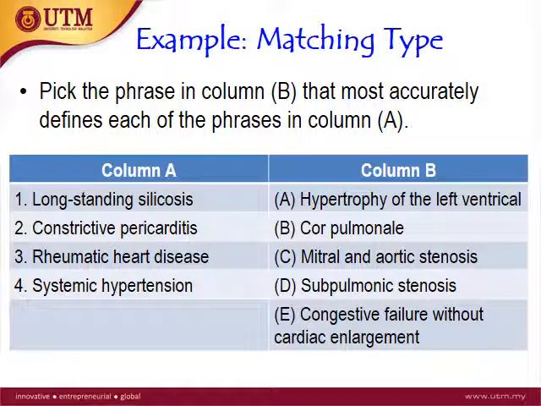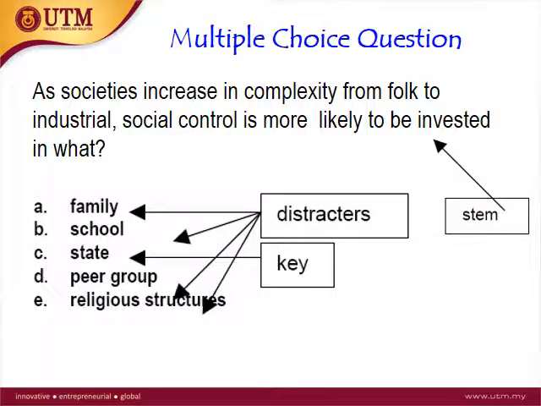So this is an example of matching type of questions where you ask students to pick the phrase in column B that most accurately defines each of the phrases in column A. So, an example of multiple choice questions. You can see that the MCQ type of questions, the structure must have 3 important elements, that is the stem, the distractors, and the key.